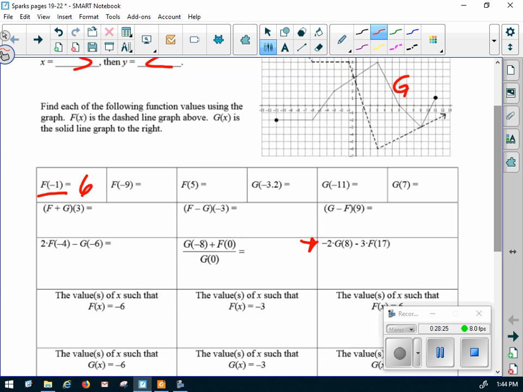Let's go to this one right here. -2 times g of 8 minus 3 times f of 17. Where do we start? What's g of 8? -2. So this is -2 times -2 minus 3 times, I need f of 17. I don't see 17 on there. Do I know enough to figure it? Why? You know the slope. Well done.